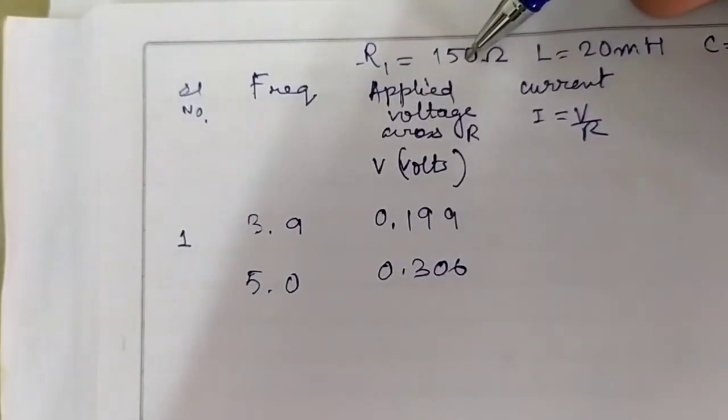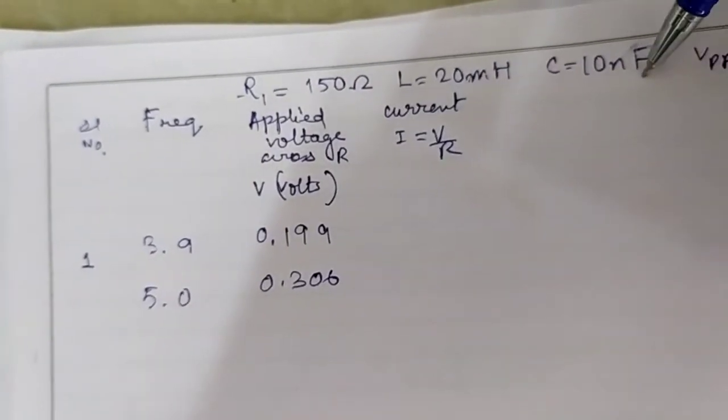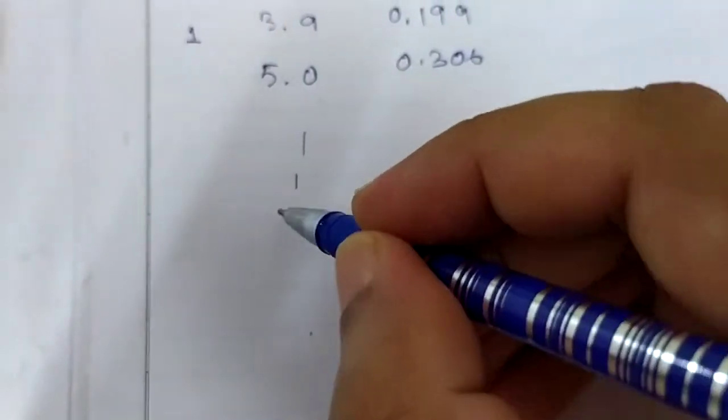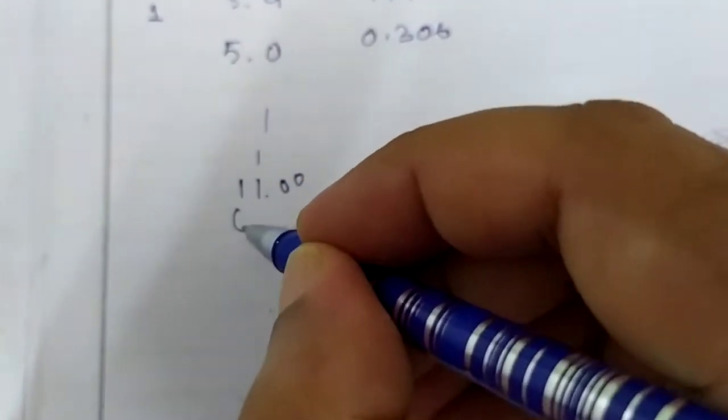For this combination we are taking readings now: R1 equal to 150 ohm, L 20 millihenry and capacitance 10 nanofarad. You will take readings at consecutive frequencies. Near 11 you can use that fine option, so that you can fix the frequency in a much better way. That is, you can take more readings near 11.